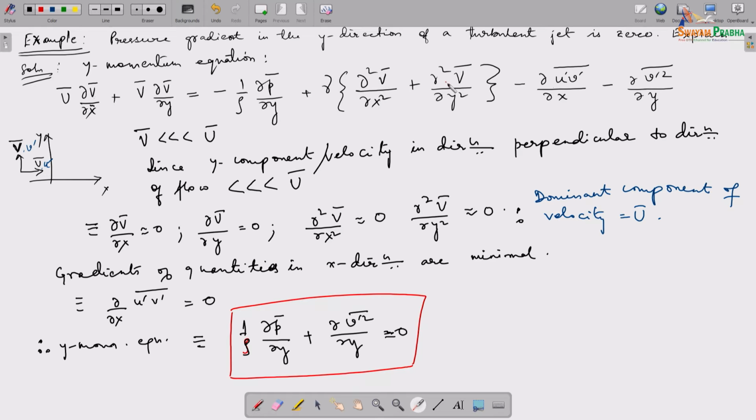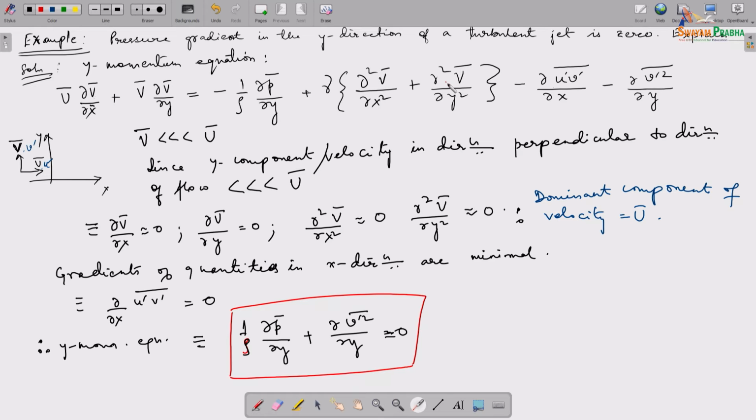Now the second thing is the gradients of quantities are primarily again dominant only in the y direction, not the x.